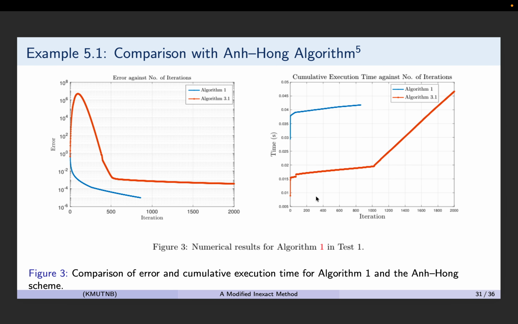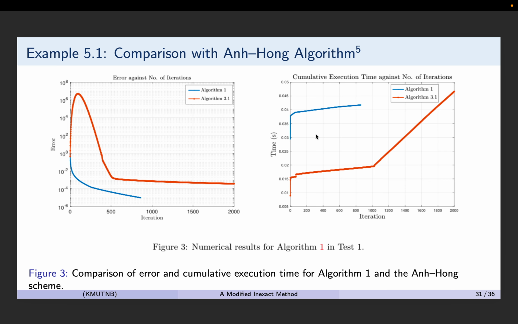In comparison, you see that the algorithm of An, which we call here algorithm 3.1, has less error and converges with fewer iterations. But in terms of time, you can see this is a trade-off.